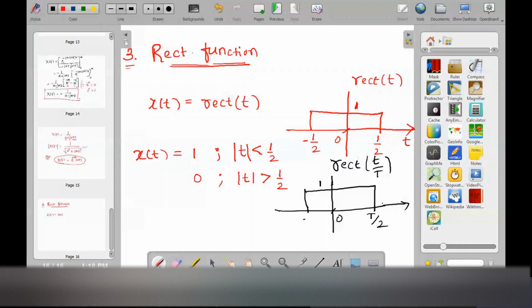T by 2 here, minus T by 2 here. This is called rect of t by T. It means this T is in the denominator, so it will be divided by 2 on the positive side and by 2 on the negative side. Here it is nothing, means 1 is there actually, 1 by 2, minus 1 by 2, like this. Got it? Suppose if I write here something called A, then this amplitude will become A. This is A rect of t by T.